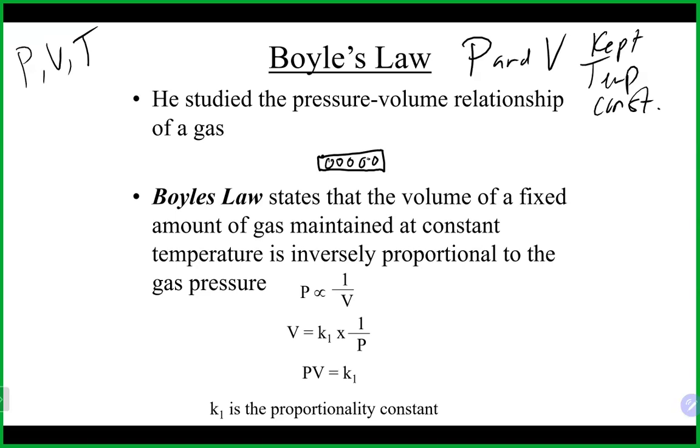So what he found was that if you have a small volume, because there's going to be an increase in the number of collisions, you will actually see an increase in the pressure. So sort of an opposite relationship. As the volume goes down, the pressure will go up because frankly, everybody's on top of each other and everybody's going to start colliding.